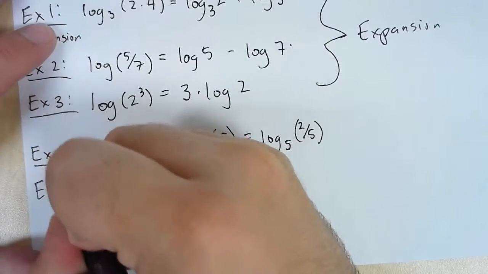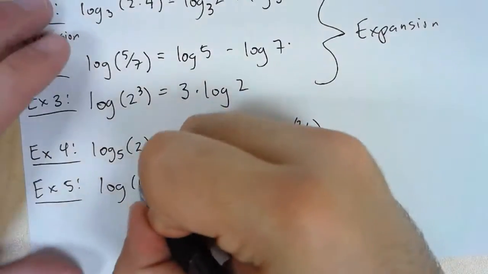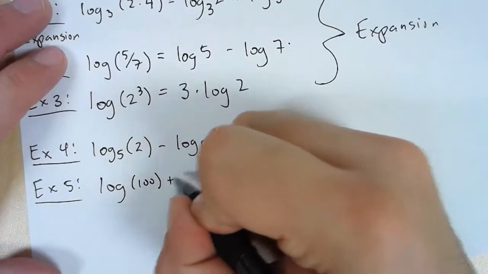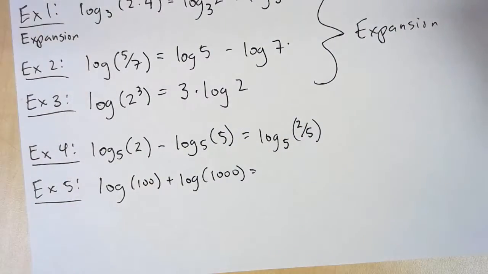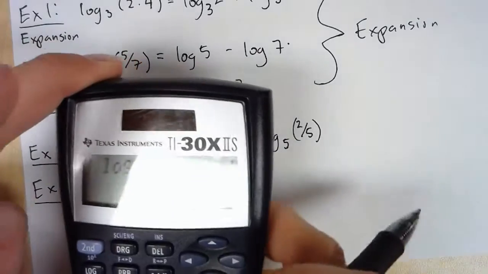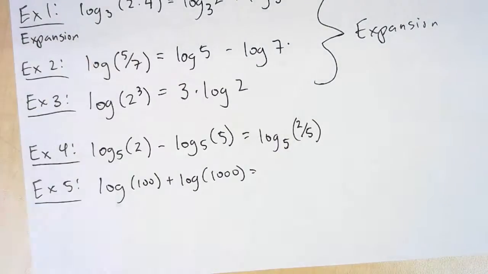All right, example 5. Let's go for a log of 100 plus log of 1,000. We know that log of 100, if you type this in your calculator, you're going to get 2, and log of 1,000 is going to give you 3.